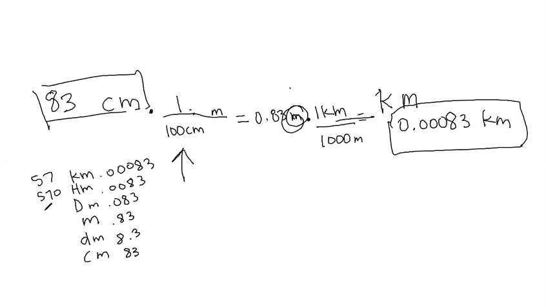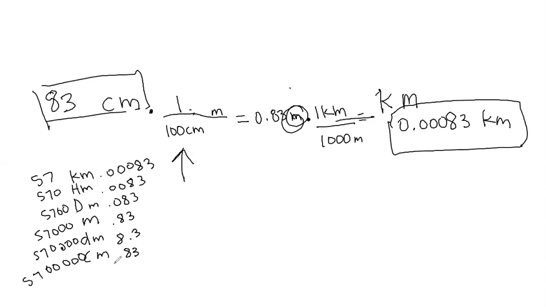Or vice versa. If I told you there was 57 kilometers, you could say there's 570 hectometers, then 5,700 decameters, and then 57,000 meters. That makes sense, right? Kilometers would have 57,000 meters. And then there's 570,000 decimeters, and then 5,700,000 centimeters.